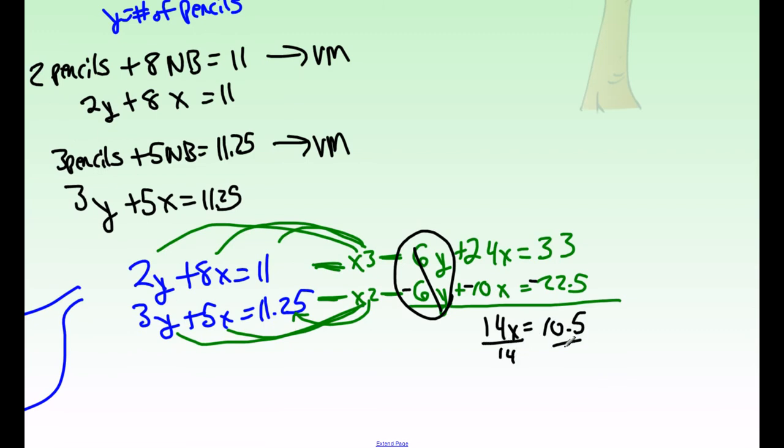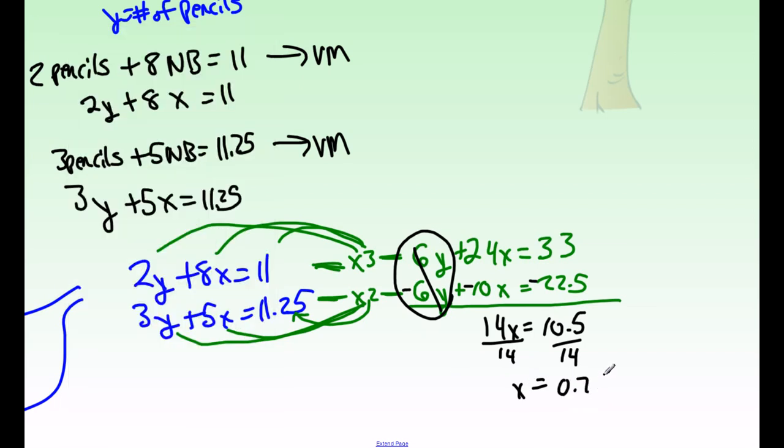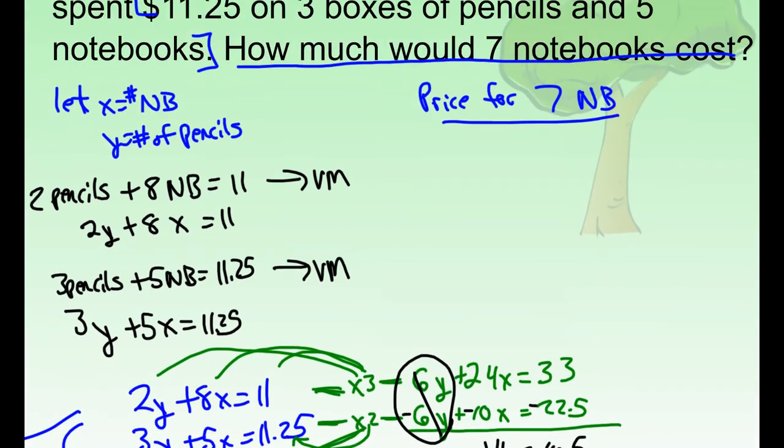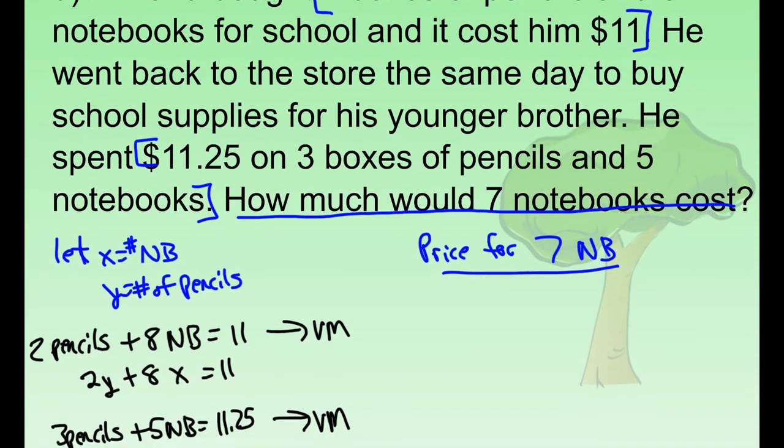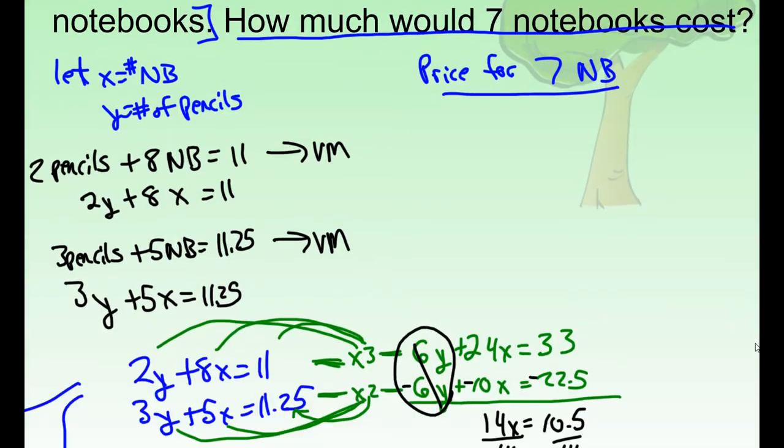Divide by 14, x equals 0.75. So it costs 75 or 0.75 x's notebooks.